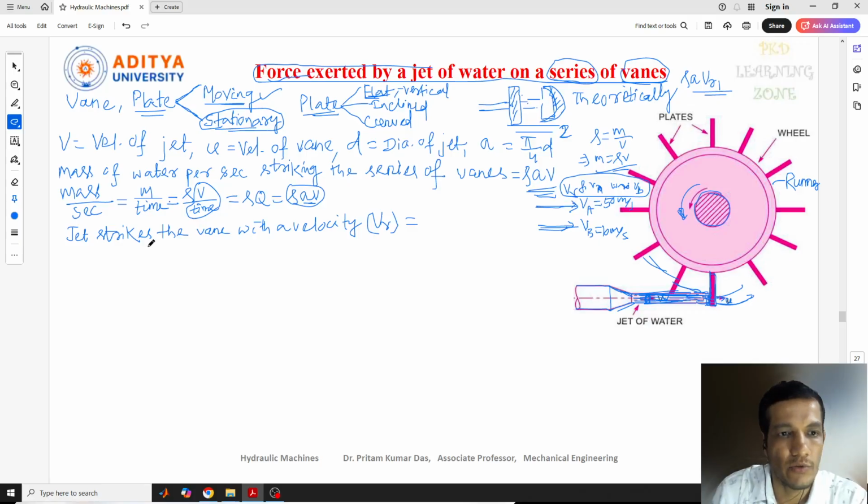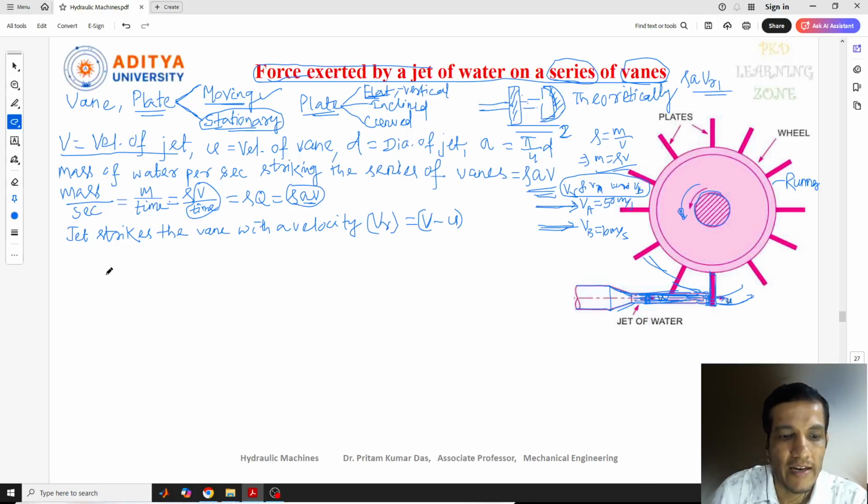Similarly here, we need to find the relative velocity of the jet with respect to the vane. So here we can calculate v minus u. Here v is the absolute velocity, and u is the velocity of the vane. In this way we consider it. This is our relative velocity.